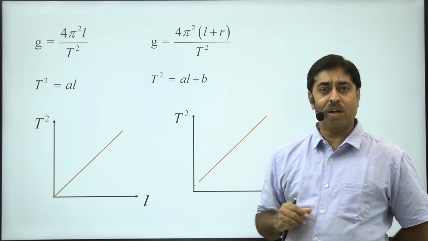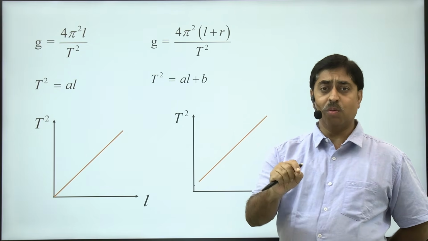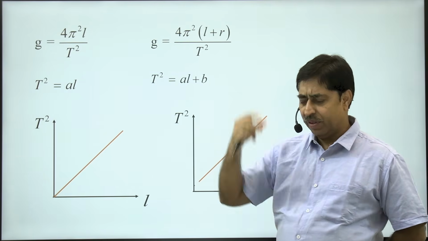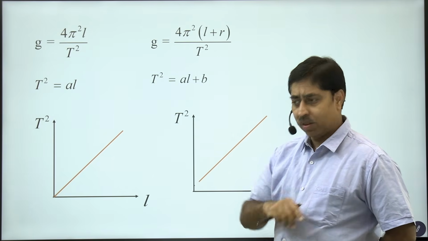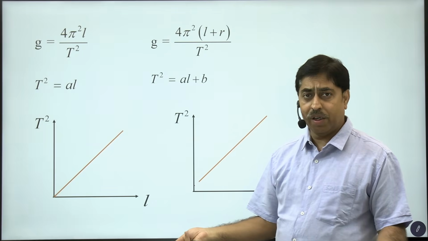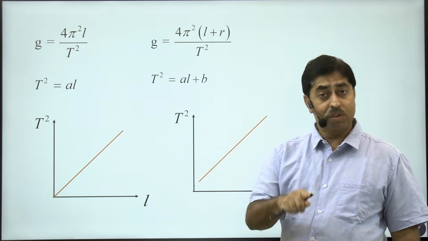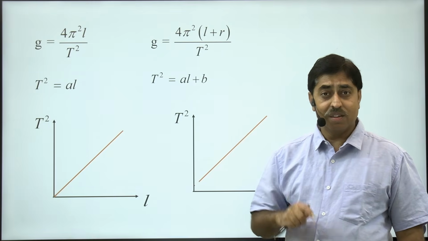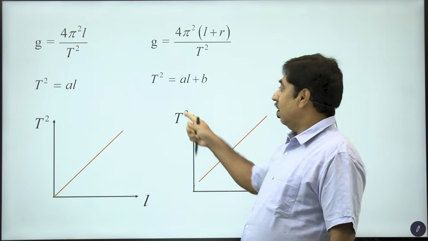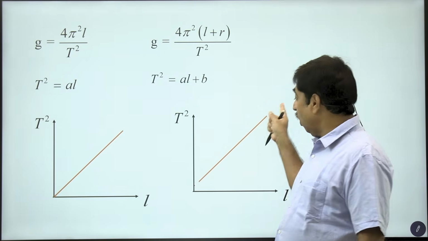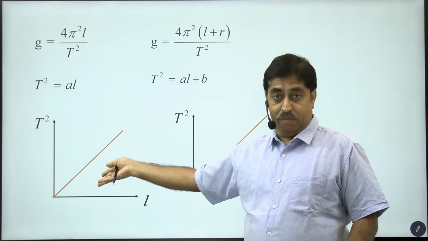So what the experimenter did, she didn't bother to measure the R, or maybe she forgot to measure the R, but somehow after the mistake was committed, she found a way to still get the value of g. She found that if a plot of T square versus L is made, then the slope of the graph will remain same.